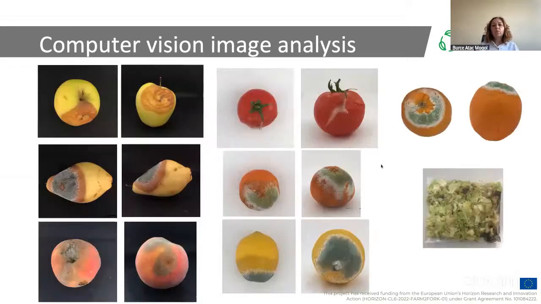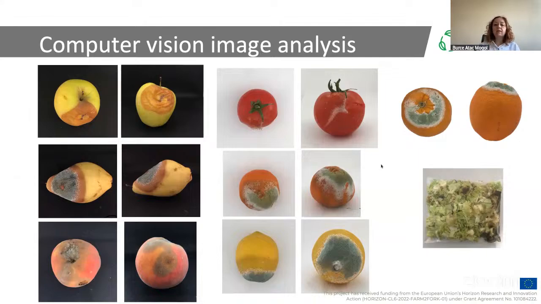The fruits and vegetables that we use within this tool are, as you can see here in the slide, all showing color changes. Of course, they are some of the worst examples here: the apple, pear, mandarin, or orange, and also lettuce, ready to eat, pre-washed lettuce bags.